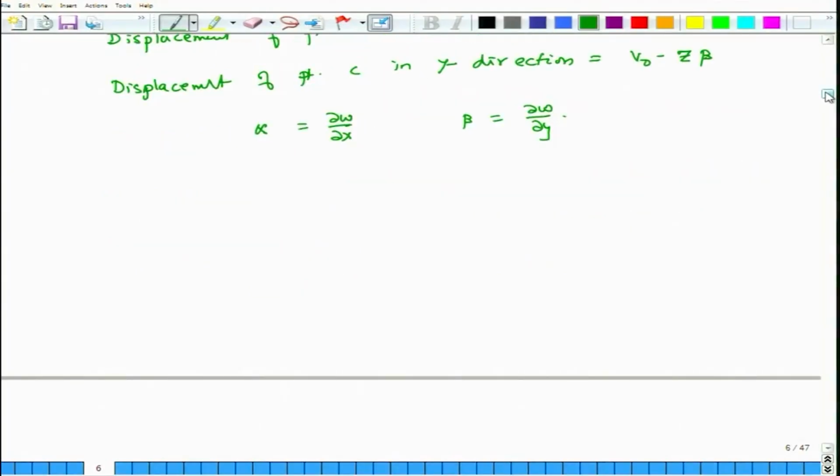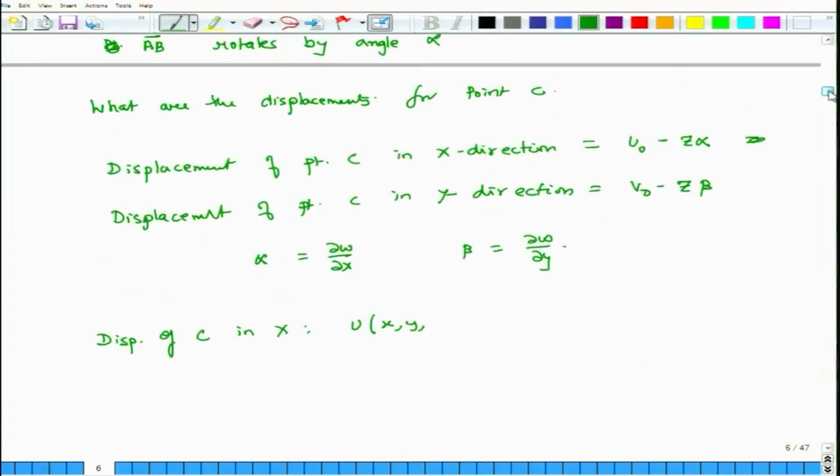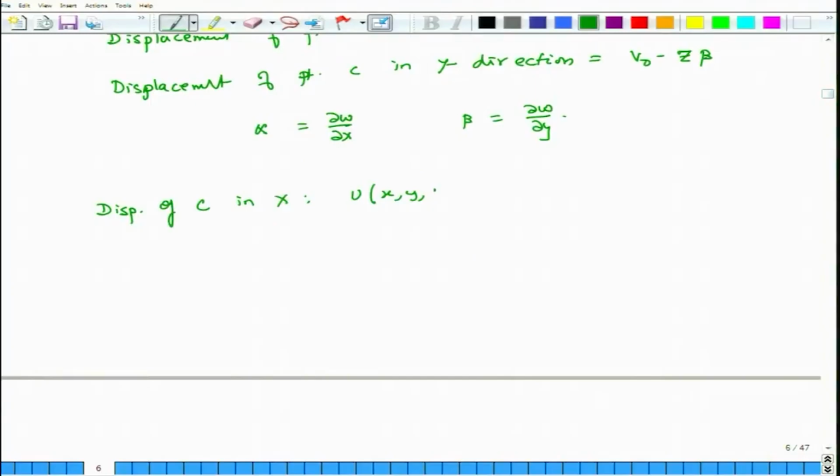So, we can say displacement of C in x, what is it? It is u, it is not u naught, and u can vary from point to point. So, u is a function of x y, and it also depends on z, because z is here. Okay. So, u x y z is equal to u naught, and what is u naught?